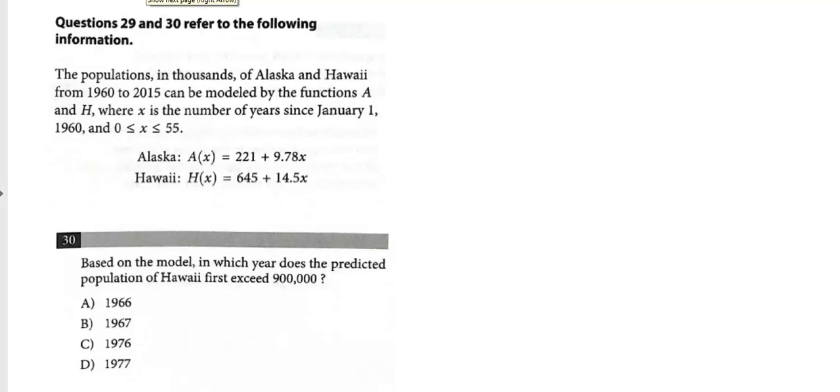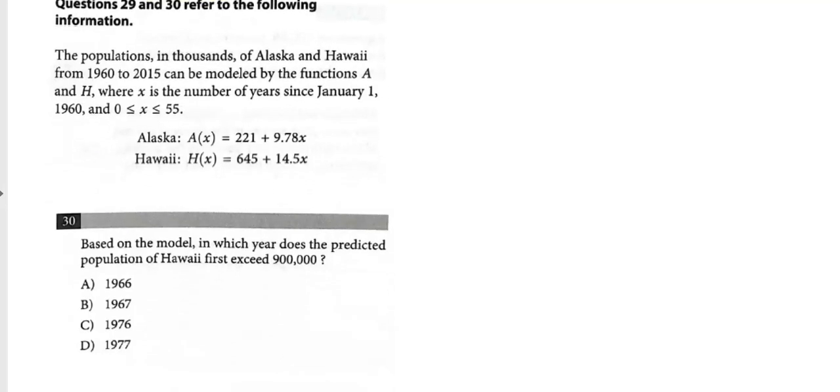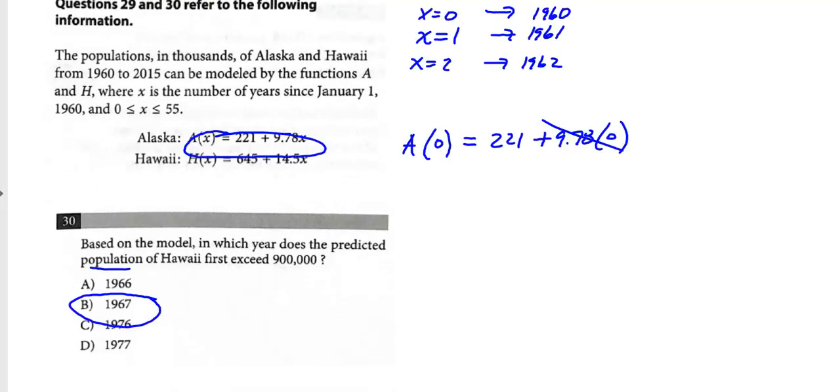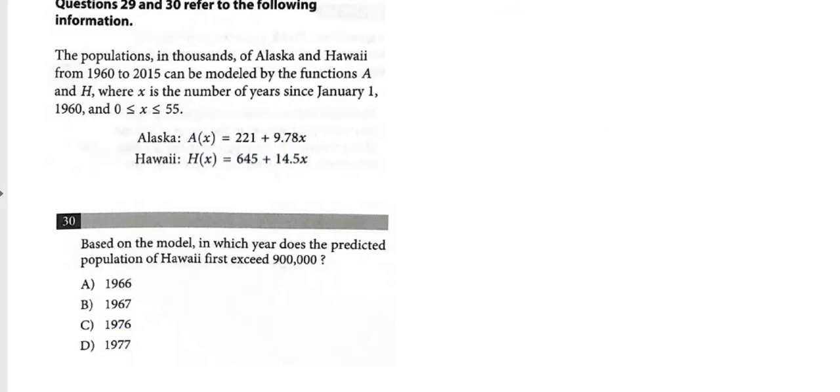Same setup, different question. Based on the model above, what year does the predicted population of Hawaii exceed, that means bigger than, 900,000? All right. One thing you got to be careful on here is it says the population is in thousands already.